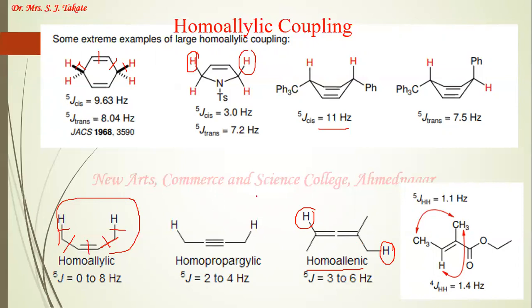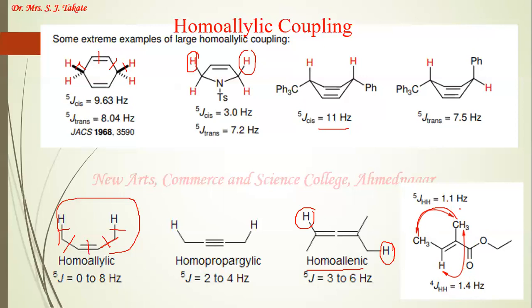So these are examples of 5 bond couplings. Look at this last example. Here the example shows the homoallylic coupling as well as the allylic coupling. Allylic coupling constant value is 1.4 Hz while the homoallylic coupling constant value is 1.1 Hz.